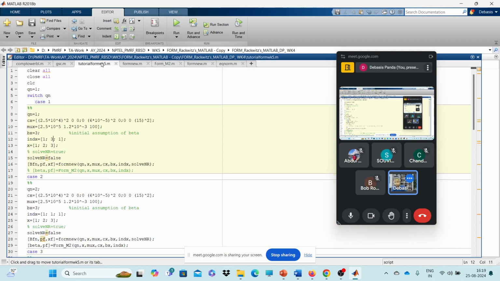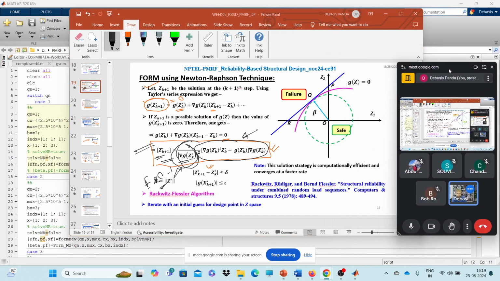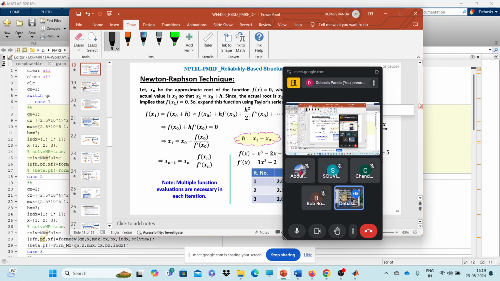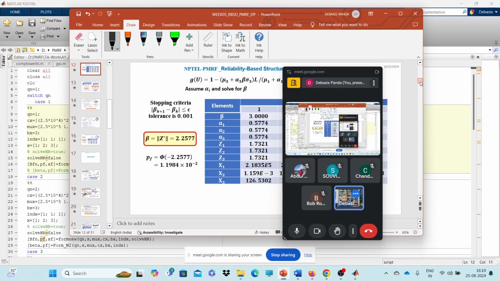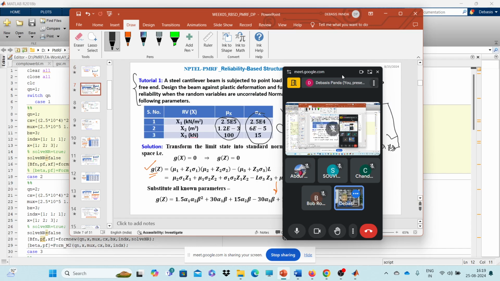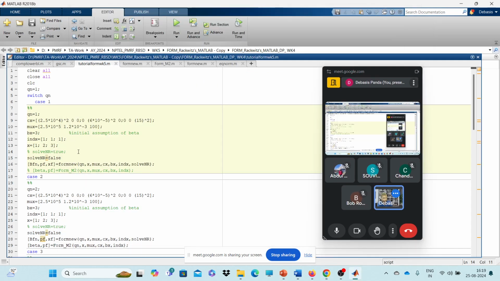So like here, for the same problem, say case 111, that means all are the cantilever beam problem. If we go to that problem here, the cantilever beam problem, first we have solved it using the Rackwitz algorithm.